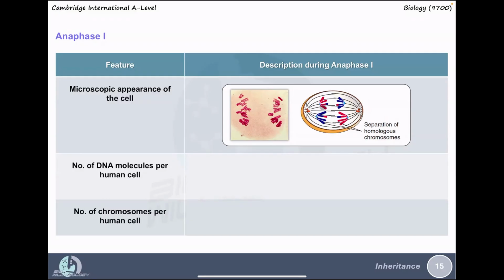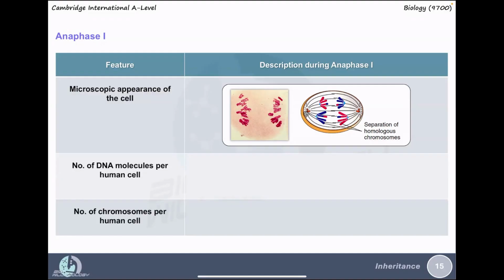The chromosome moves towards the centrosome, away from the metaphase plate, and due to the attachment of the spindle microtubule at the kinetochore of the centromere, you can see that the centromere moves first.